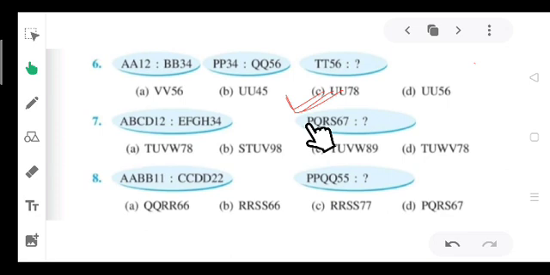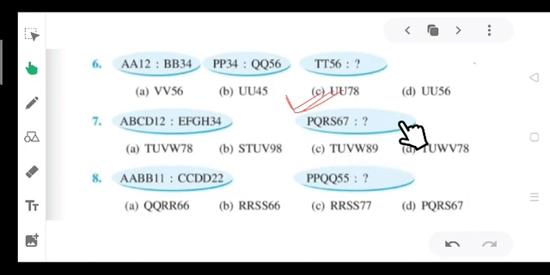P, then we will jump 3 letters. Q, R, S. So what will come here? T. Then Q, R, S, T we will jump. So come here U. Then R, S, T and U we will skip. Then what will come? V. Then S, T, U, V we will skip.